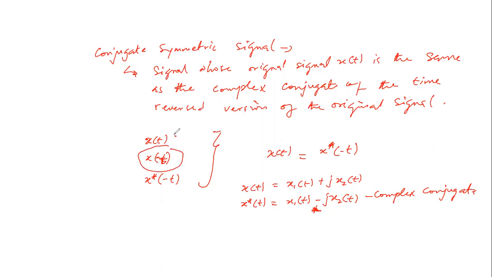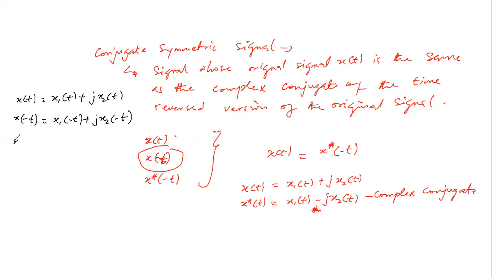But by definition, to obtain the conjugate symmetric signal, first we have to perform the folding operation on the signal, such that, say, S of t is given as S1 of t plus jS2 of t. Then performing the folding operation will give us S1 of minus t plus jS2 of minus t.